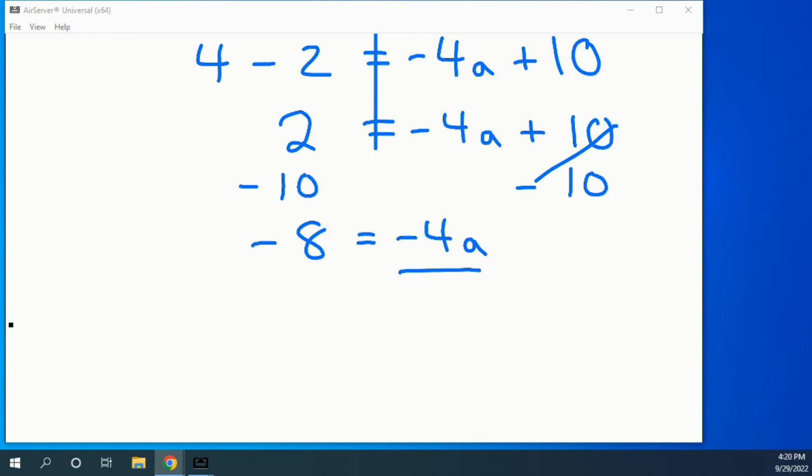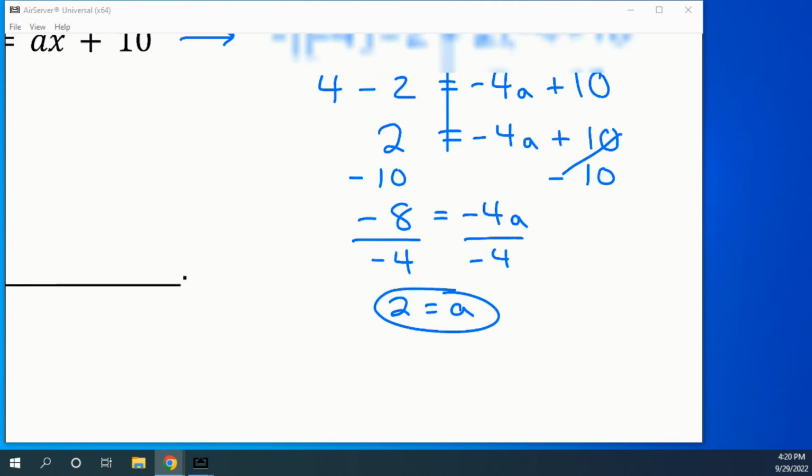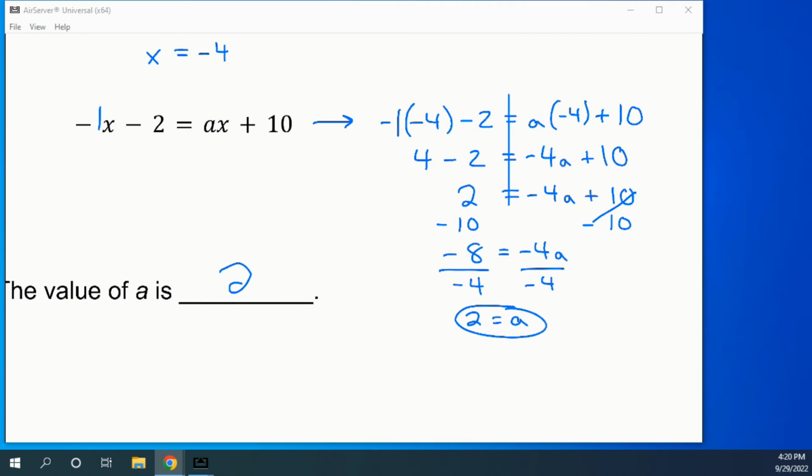And then finally divide both sides by -4 to get 2 equals a. That will be our solution. The value of a is 2 after we solve it by substituting in that variable for x of -4.